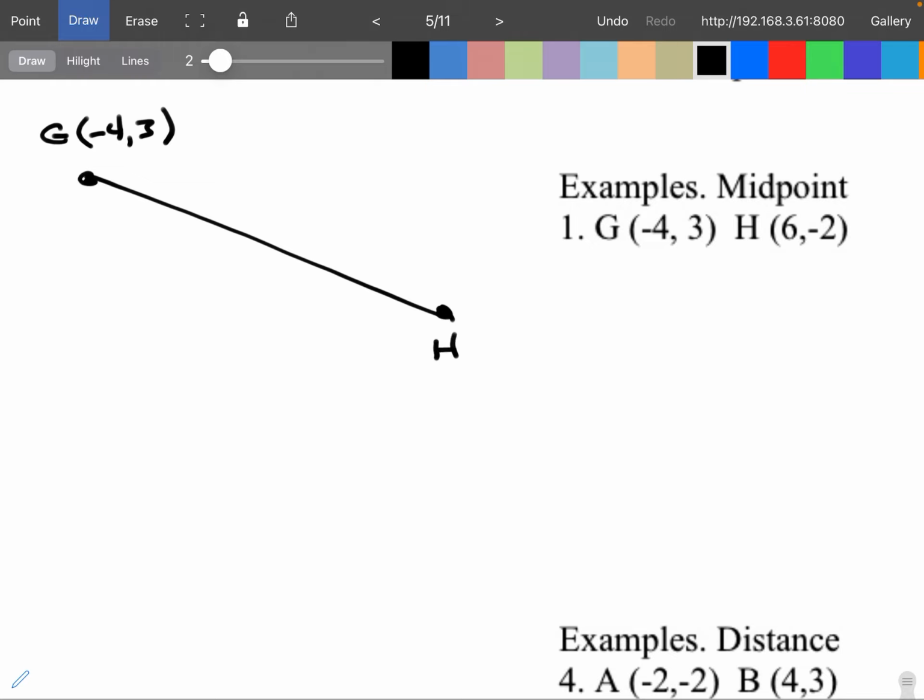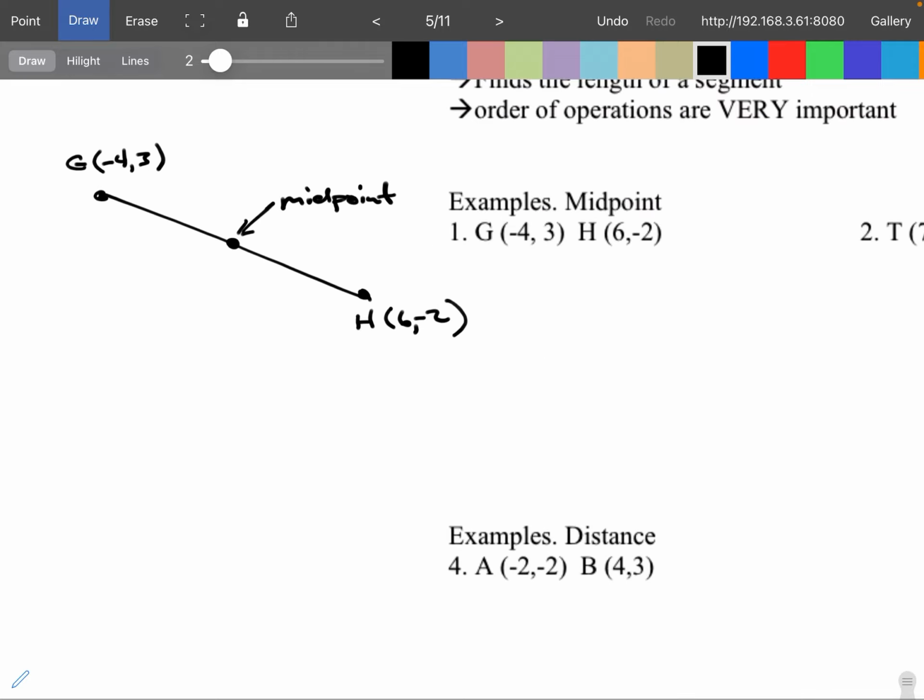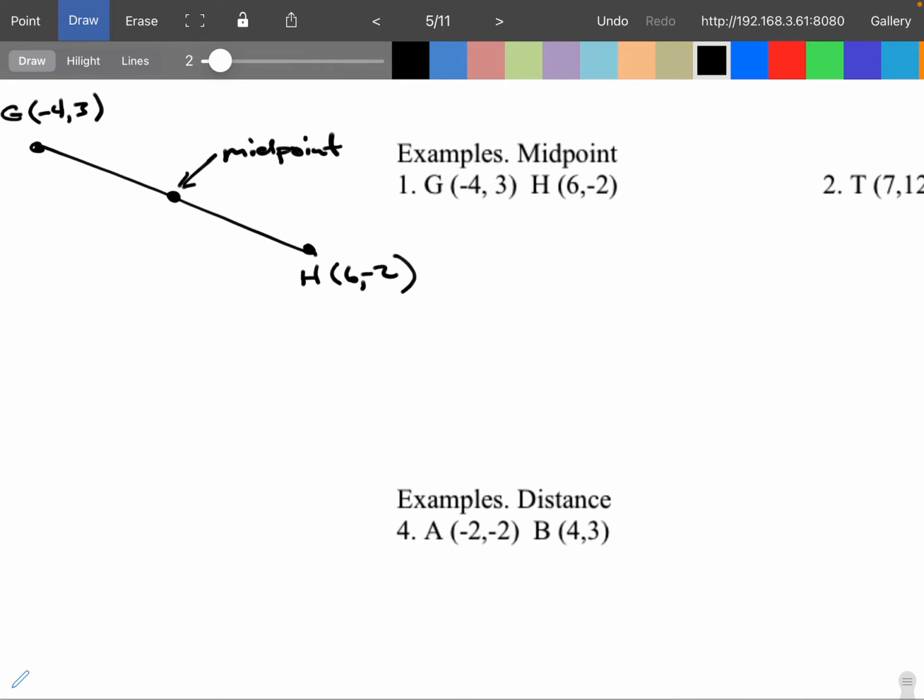And then you'd have a point like 6, negative 2 down here. So this is the point G at negative 4, 3, and this is the point H at 6, negative 2. And again, we're trying to find this point in the middle right here. That's our midpoint.